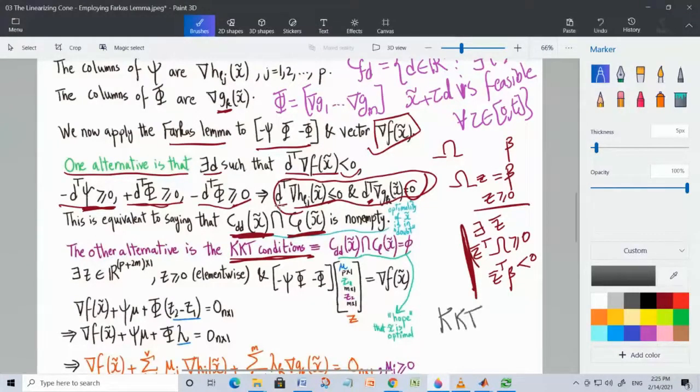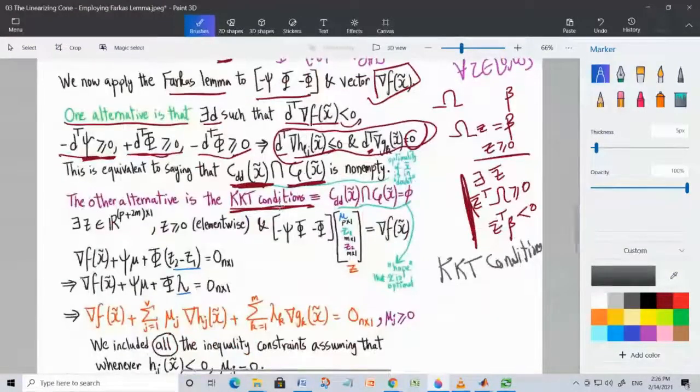KKT conditions means that basically it's sort of an abstract statement, and it is not so clear what to make out of it, but that's what it means. The intersection between the linearizing cone and the cone of descent directions is empty.